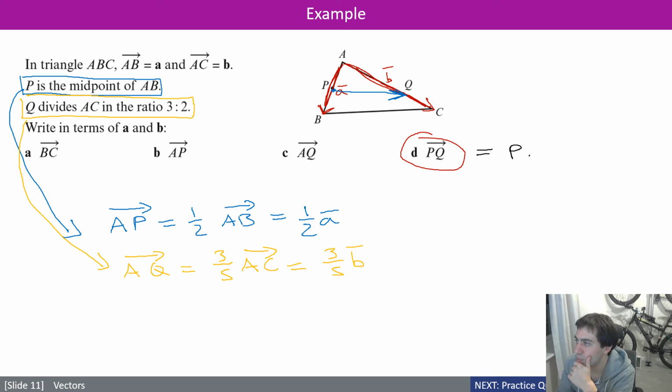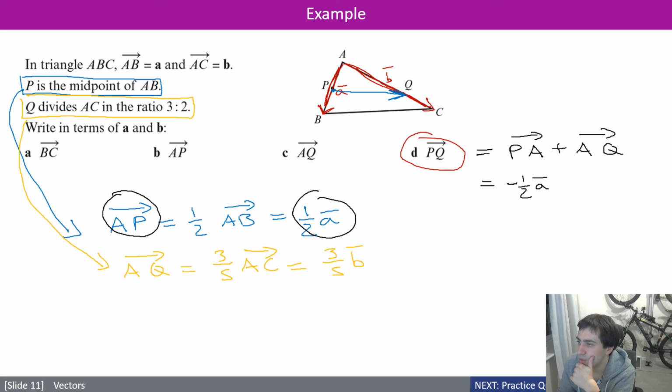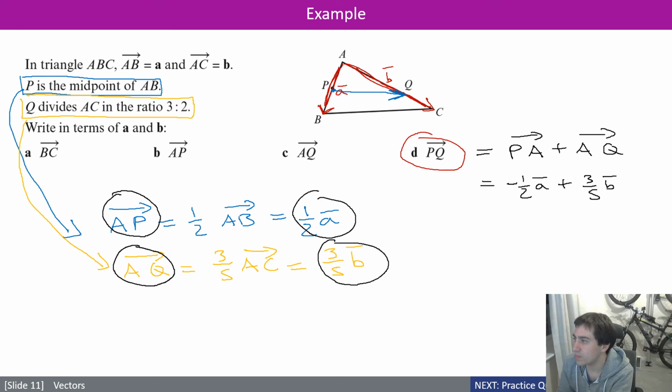PQ is the same as going from P to A and then going from A to Q. Now P to A, remember we've got AP, and AP we said was a half of little a. So PA is minus that, because it's just the opposite direction. And then likewise, we've got AQ, which is 3/5 of little b. In this case, we don't need to go in the opposite direction. We put it straight in. And that's it. That should be our answer. We have written PQ in terms of little a and little b, and it's that.